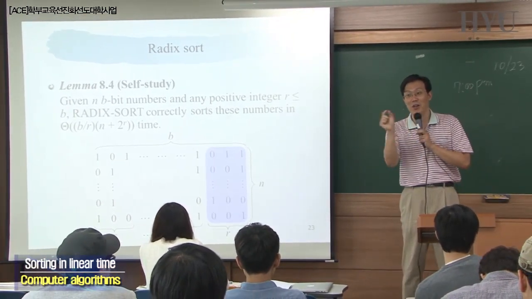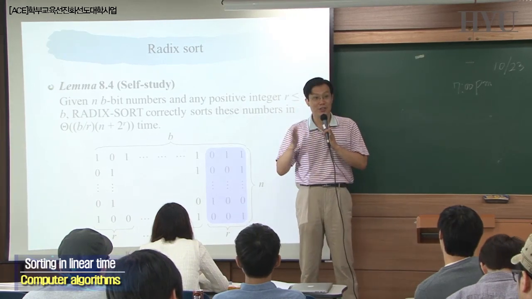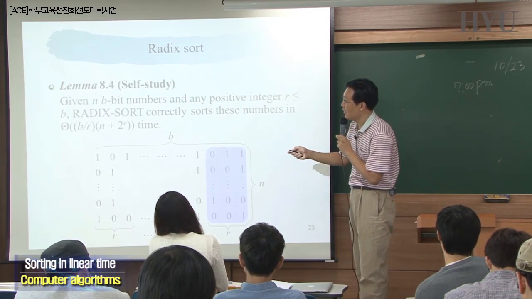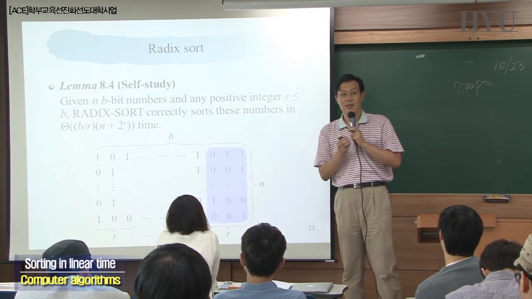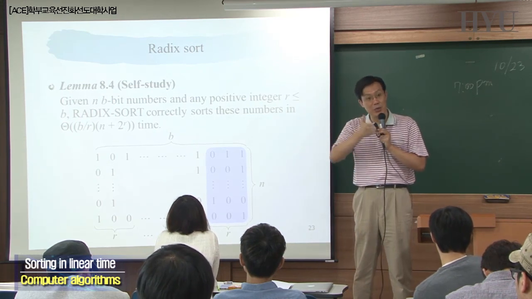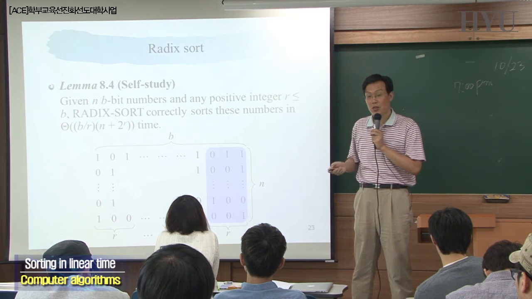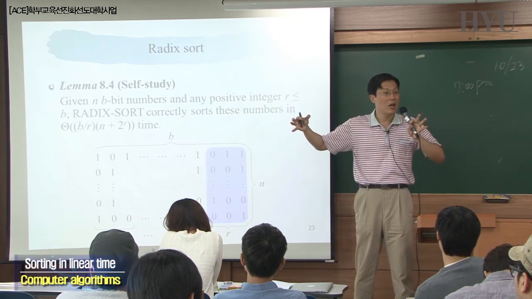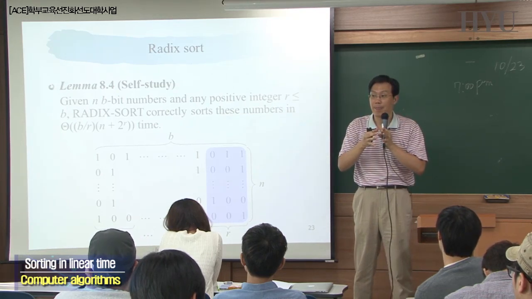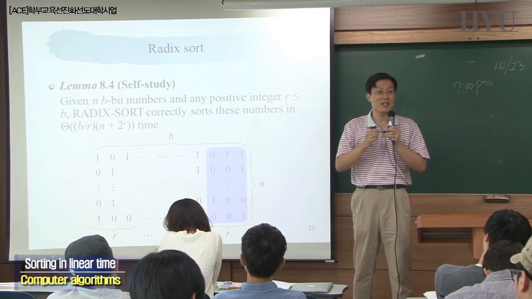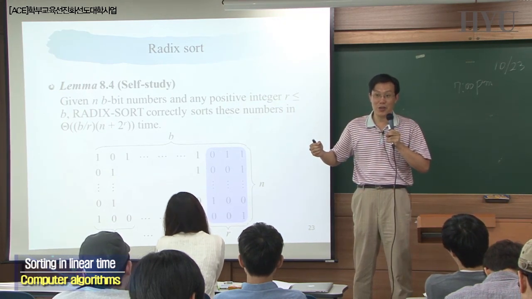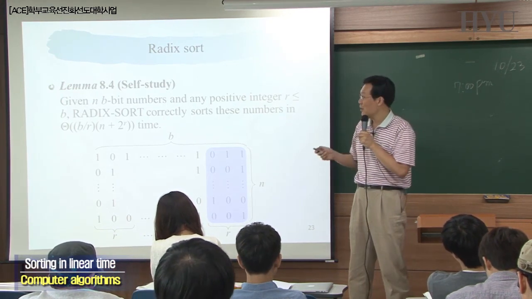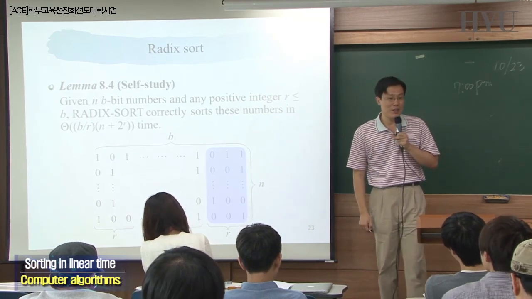So if we change the value of r, the running time is changed. And look at this term. This term becomes smaller as r increases. So as r increases, the number of radixes is reduced. But the range increases as r increases. So we have to find an optimal value of r to minimize this running time.